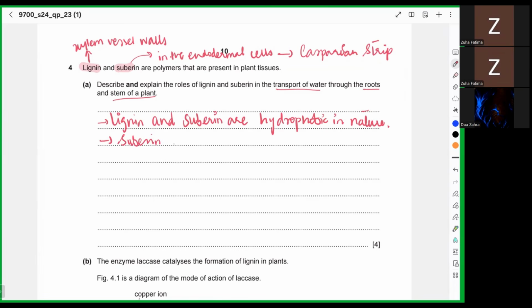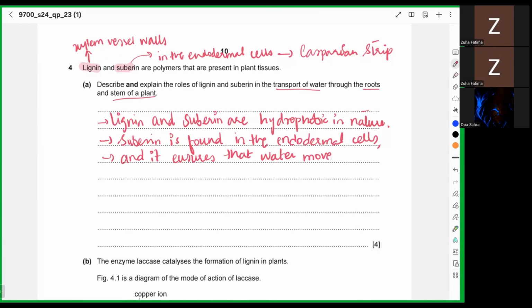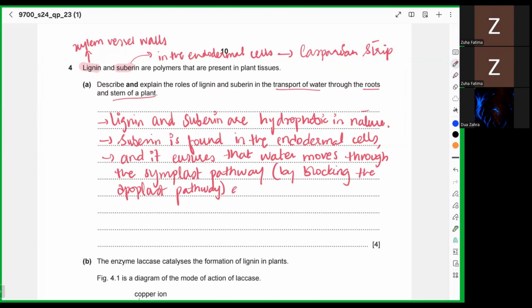Suberin is found in the endodermal cells and it ensures that water moves through the symplast pathway in order to prevent the entry of toxins in the xylem.